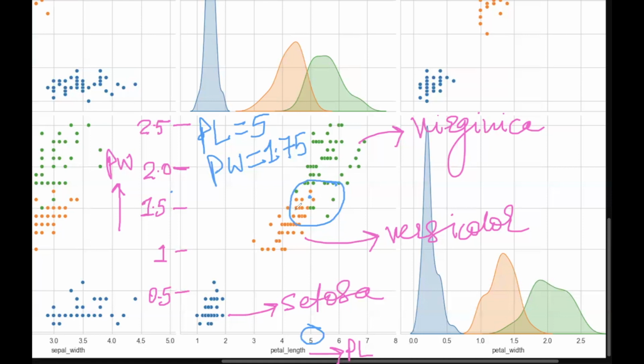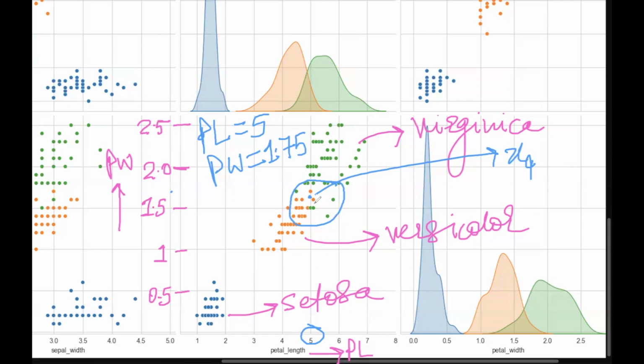So let's call this new flower that we picked up as XQ, where subscript Q stands for query point. This query point XQ has a petal length of 5 and a petal width of 1.75. I know for sure it's not setosa, but the question is whether it is versicolor or virginica?